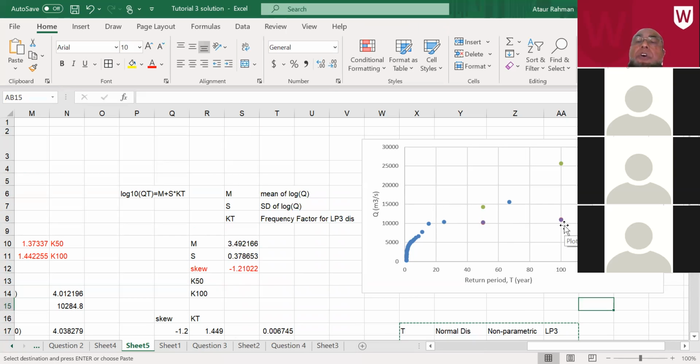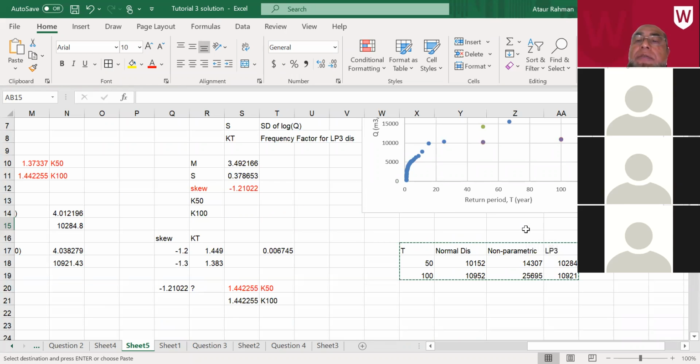Anyway, what's happening here is that we can see the flow data is this, and LP3 estimation is coming here. You see LP3 estimation is coming here, and flow data is going this way. And our normal distribution, where has it gone? So normal distribution is not there.